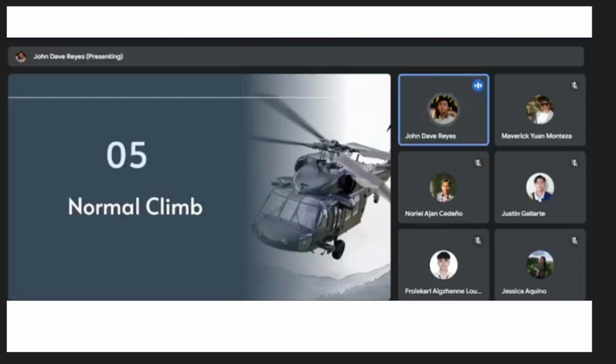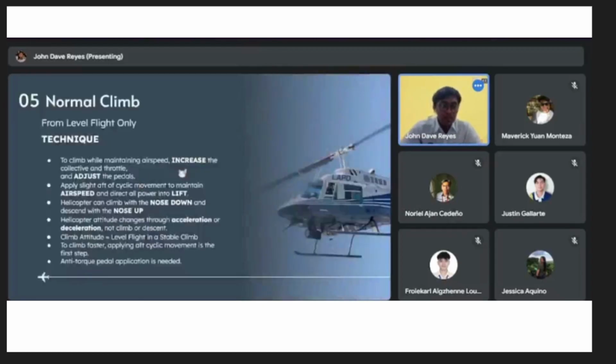So for the next topic, we will discuss how helicopters normally climb. In this section of the discussion, let us take note that we will discuss the normal climb of a helicopter from level flight only.